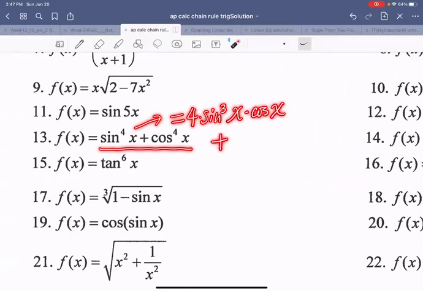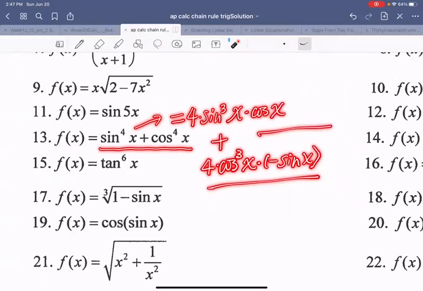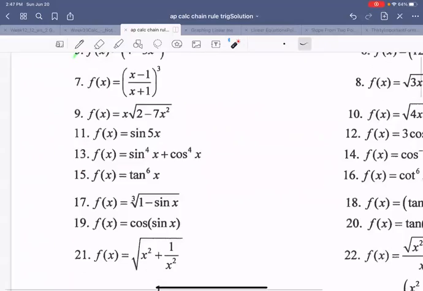And then plus 4 times cosine x to the power 4 minus 1, so cosine cubed x, times the cosine x derivative, which is negative sine x. So you have a result like this, okay? And don't forget, sine x and cosine x are not just x. You have to do their derivatives, which are this and this. So you want to watch out for question 13.